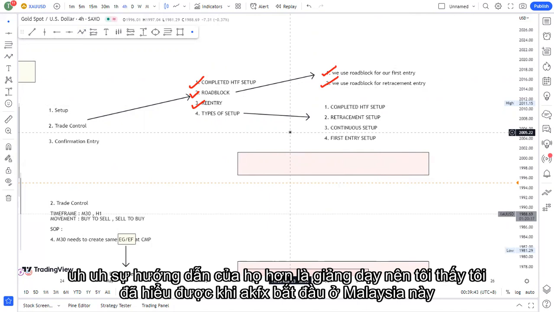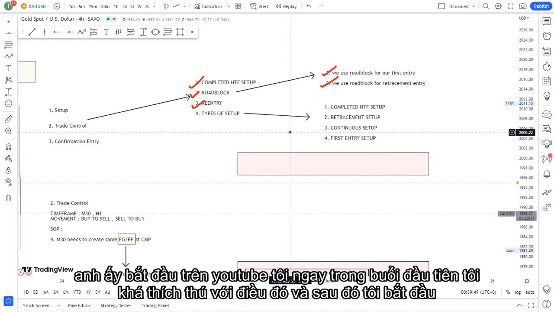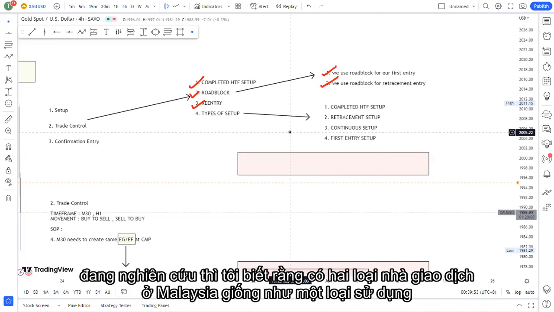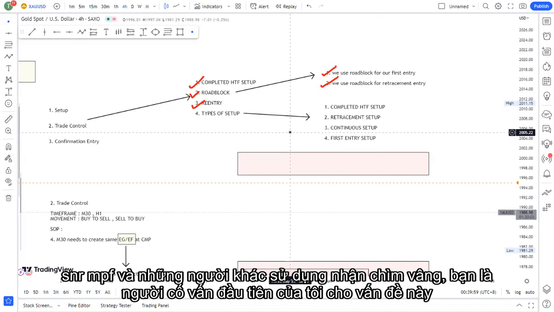When AKFX started on YouTube, I was quite interested, and then I started researching. Then I came to know that there are 2 types of traders in Malaysia, those who use SNR, MTF, and others who use engulfing. So yes, you are my first mentor for this.